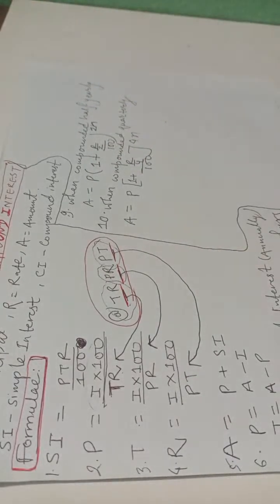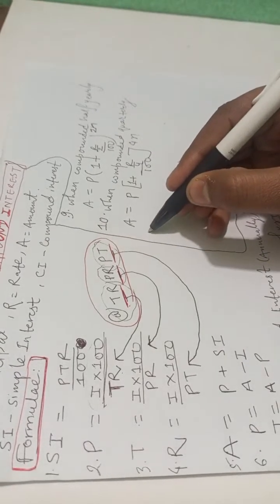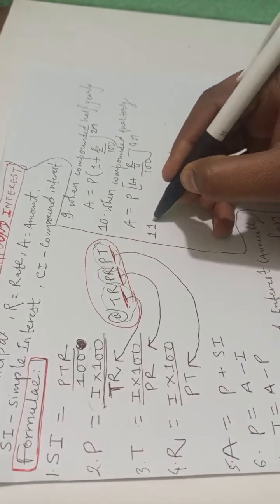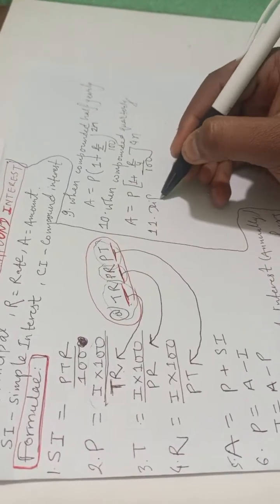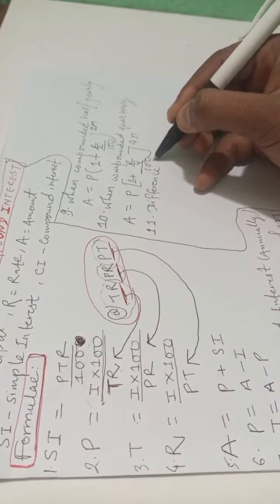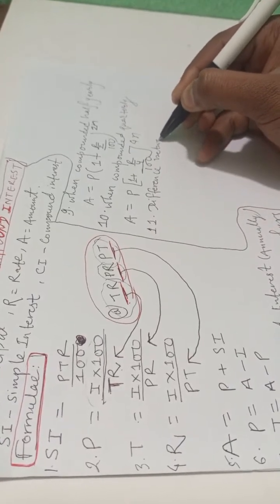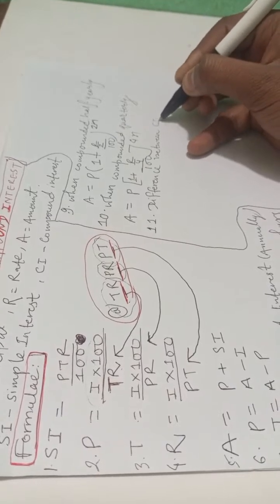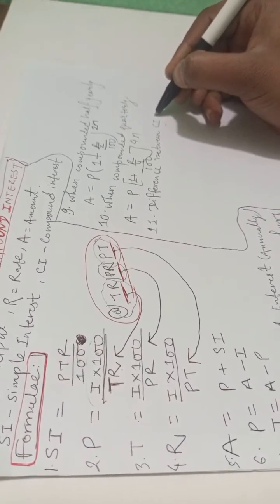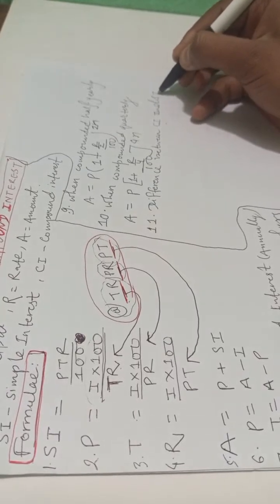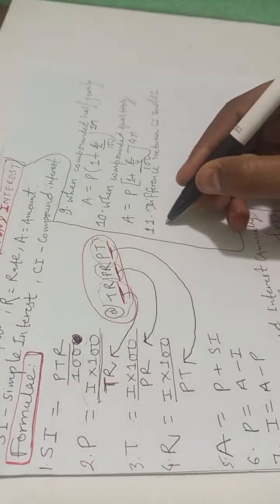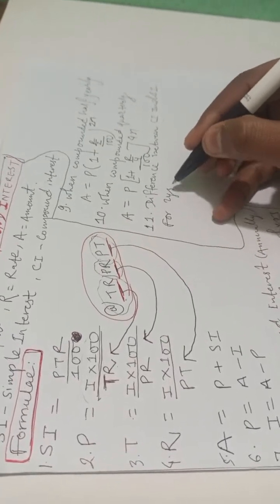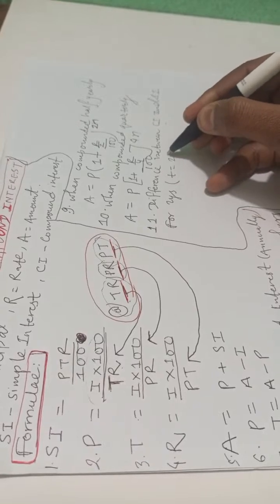Likewise, you have to do these types of questions. Another important topic is the difference between compound interest and simple interest. This question is asked again and again. Suppose 2 years is given, it means time is equal to 2.